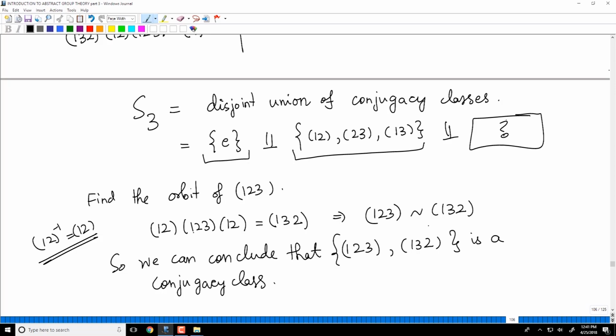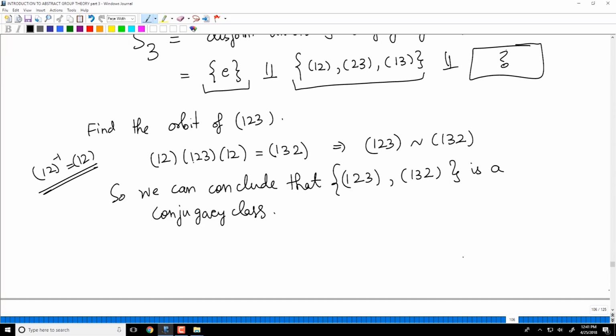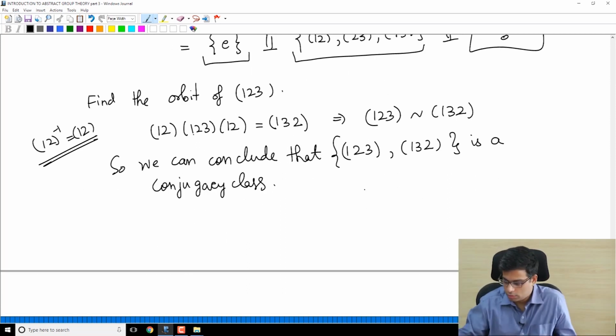If any of them were in this conjugacy class, it would have a non-empty intersection with them. But conjugacy classes need to be disjoint. So this is the conjugacy class. And you can also check directly by calculation that all other conjugates will be equal to one of these. But we don't need to do that.